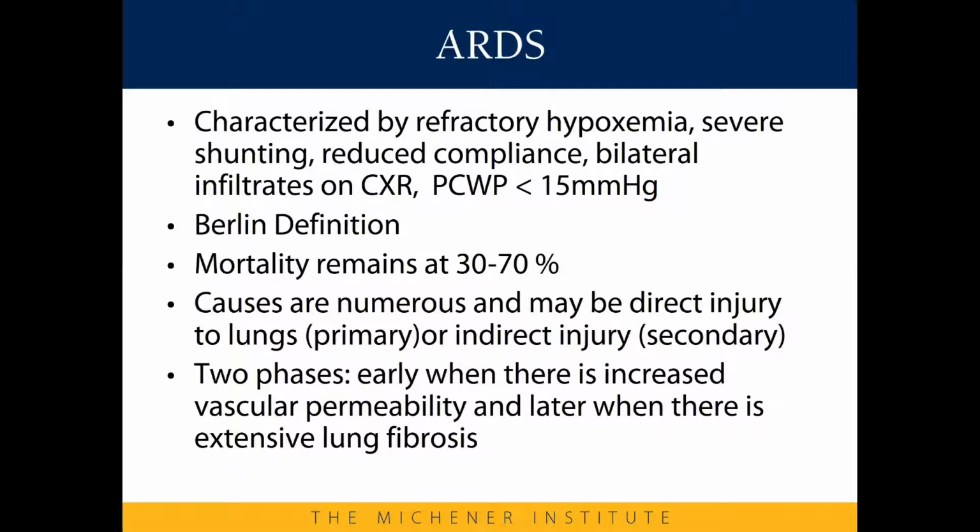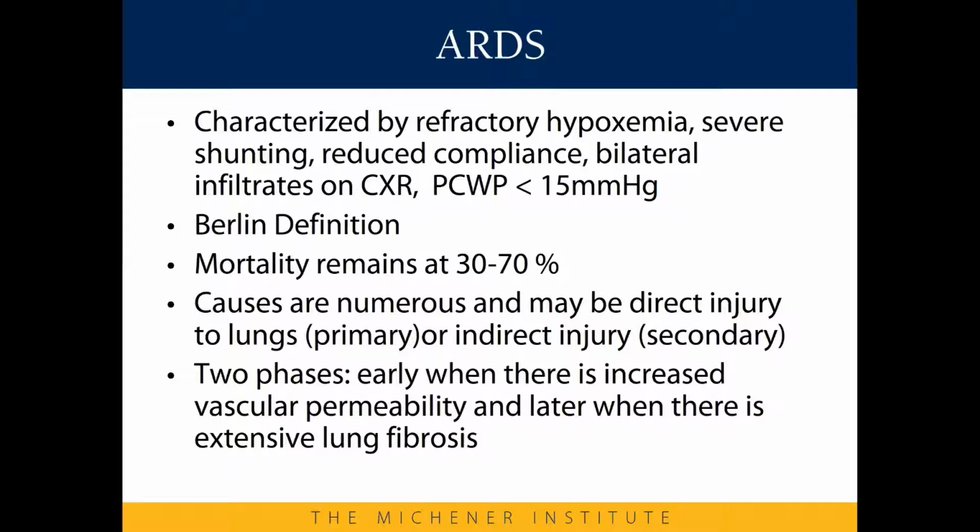And the reasons patients experience ARDS are numerous. It could be from a direct injury to the lungs, or it could be an indirect injury, so secondary to how we're ventilating or what we're doing, or an inflammatory cascade. ARDS typically has two phases.